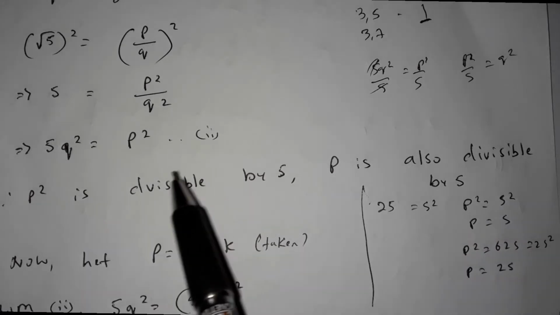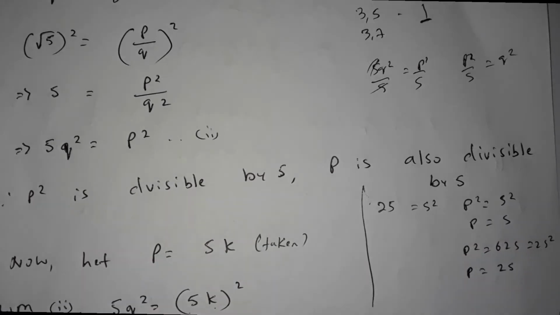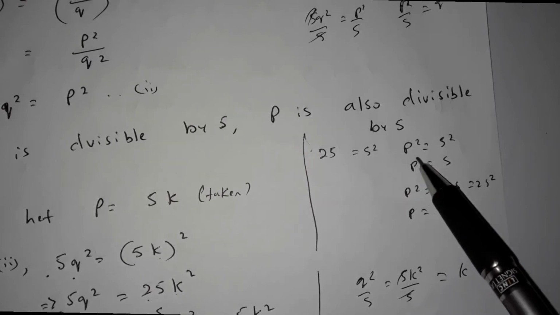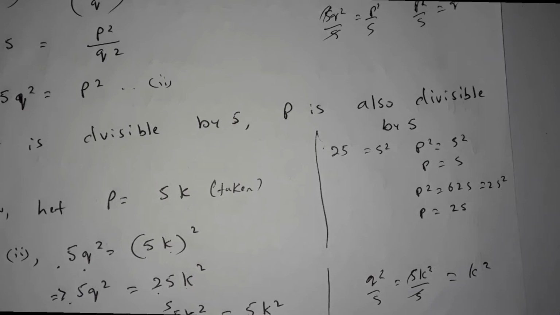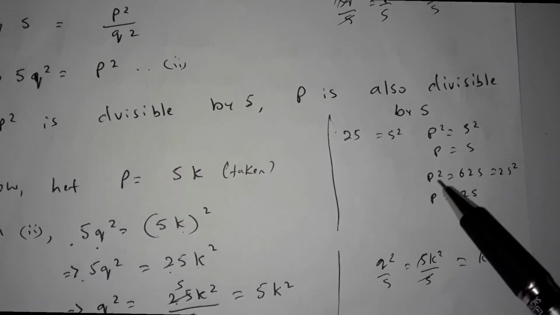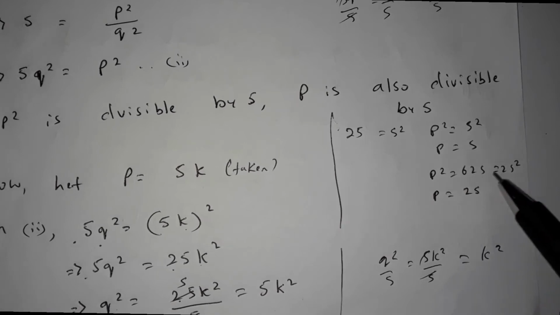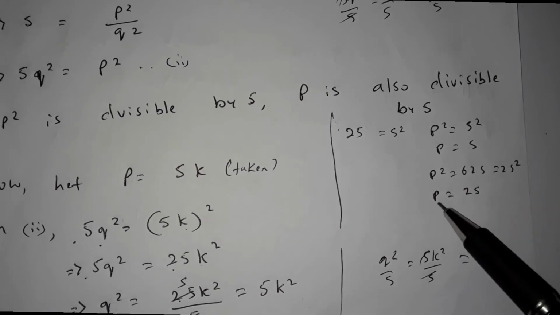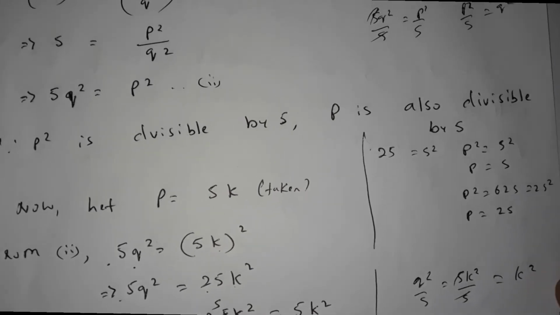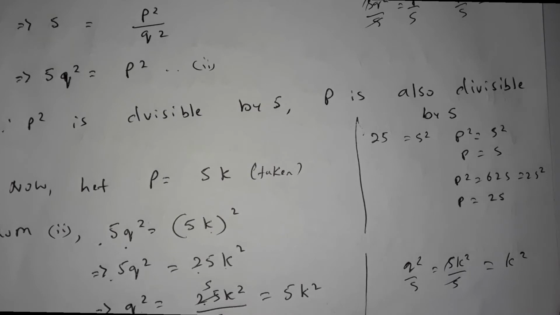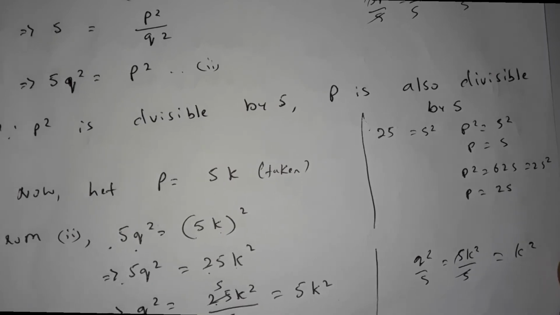Similarly, if p squared is 125, it is divisible by 5, and p is also divisible by 5. Or if p squared equals 625, which is 25 squared, p is 25, divisible by 5. So if p squared is divisible by 5, p is also divisible by 5.